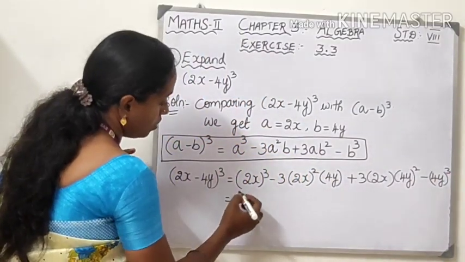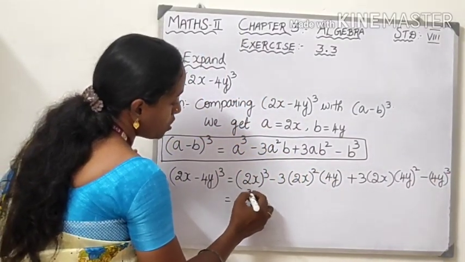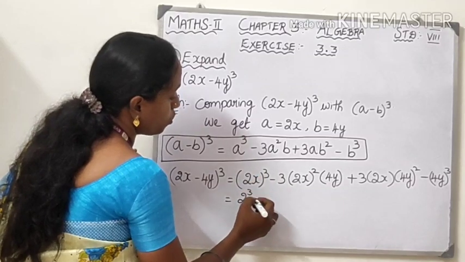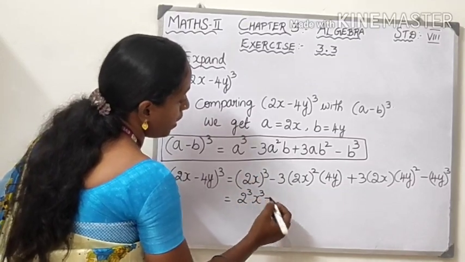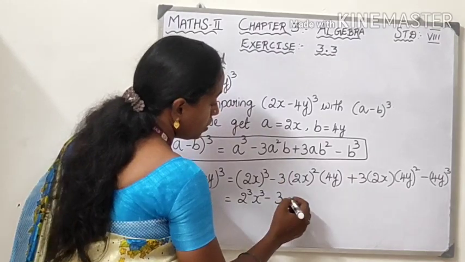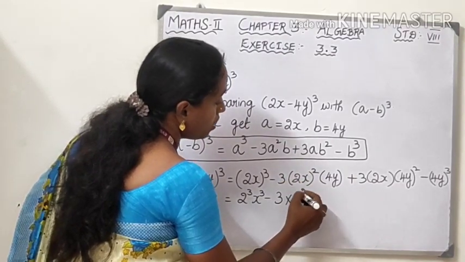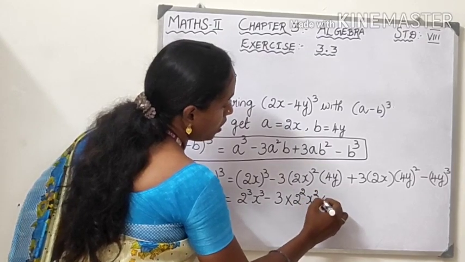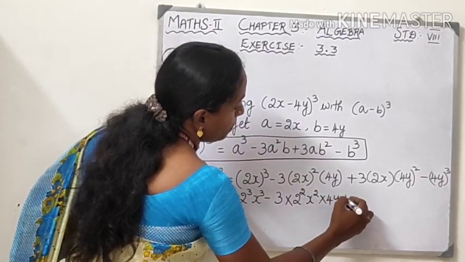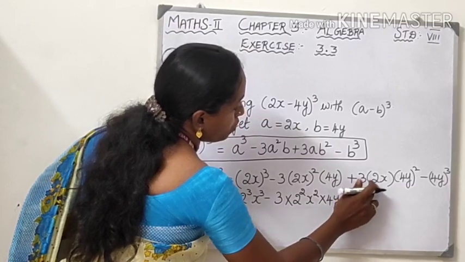Now, 2 cube. This cube should be taken inside the bracket. So 2 cube, then x cube minus 3 into, the square should be given inside the bracket. So 2 square x square into 4y plus 3 2s are 6.